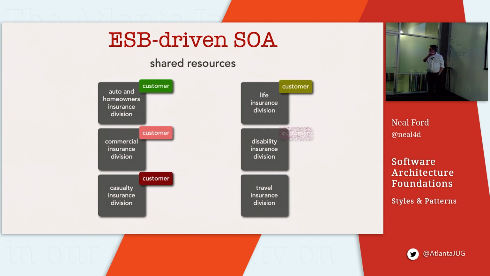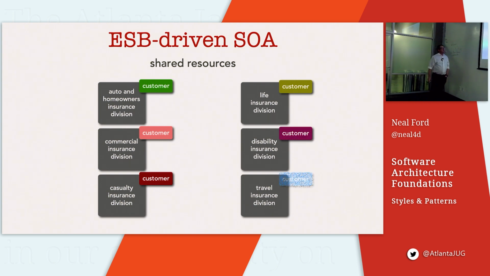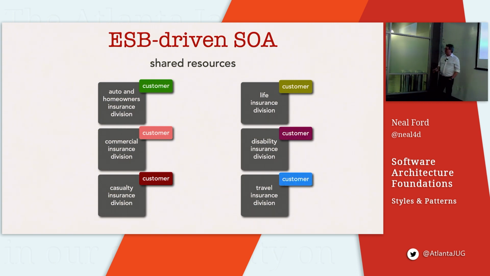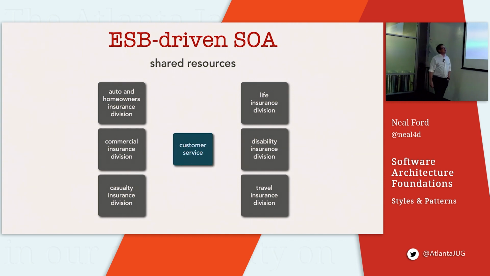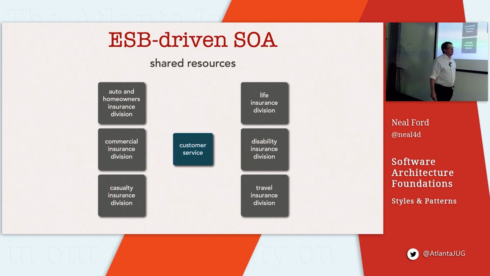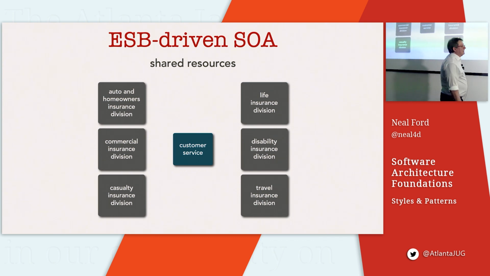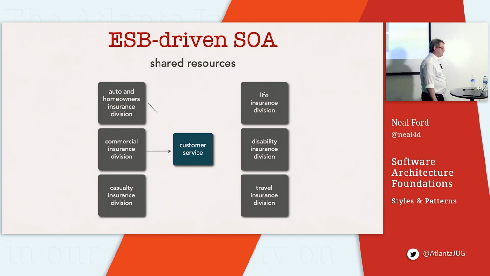They're a little bit different because they have different things that they care about customer, but they all have some idea of customer in them. Therefore, what we should do is consolidate all those things together into a single customer service and just let all these divisions talk to that customer service to get all their customer goodies.